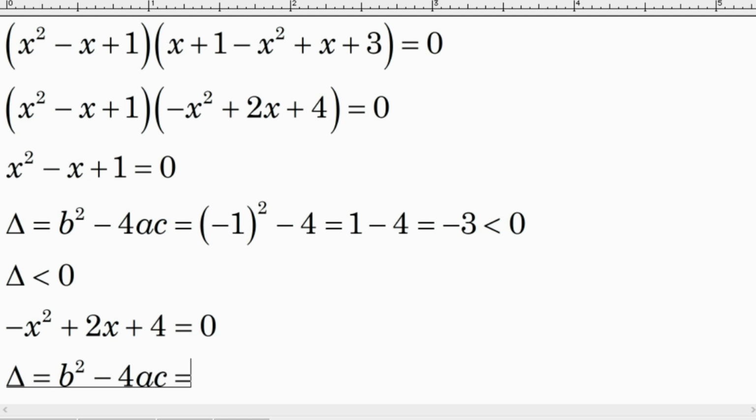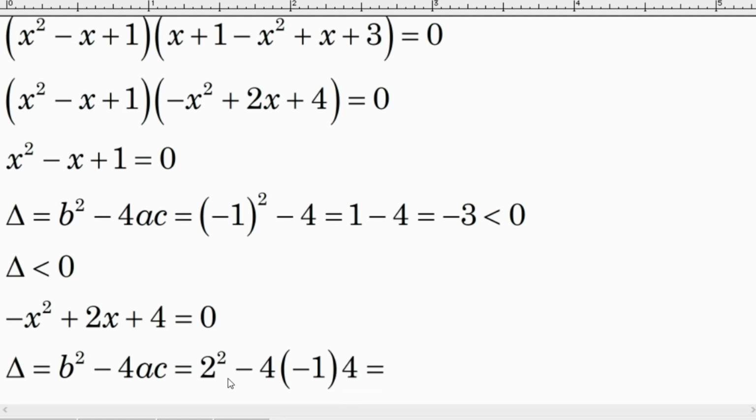Here we have b equal to 2, so that will be 2 squared, minus 4, and then a equal to minus 1 and c equal to 4. Here we have 2 squared which is equal to 4, negative sign with negative sign equals positive sign, 4 times 4 equals 16, and then the total is 20.